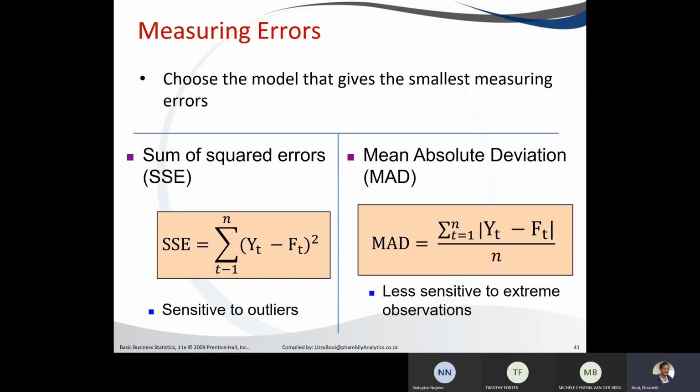So this measure is less sensitive to extreme outliers. If you have extreme outliers, then the mean absolute deviation will be the best method to use to check whether the model that you are using is the best model to do your forecasting.